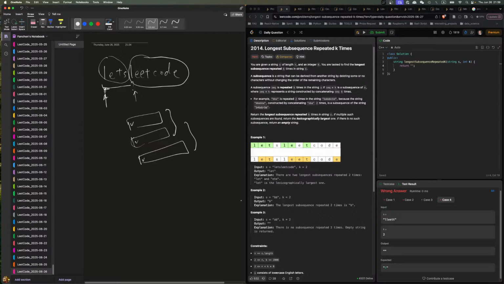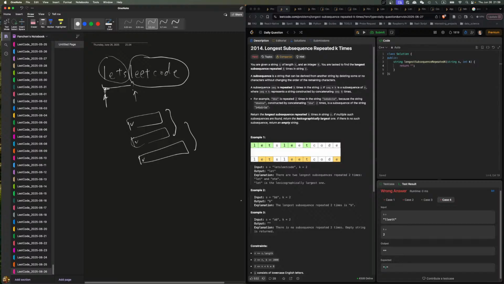Yeah, you have a bunch of longest common subsequence. Doesn't seem right.